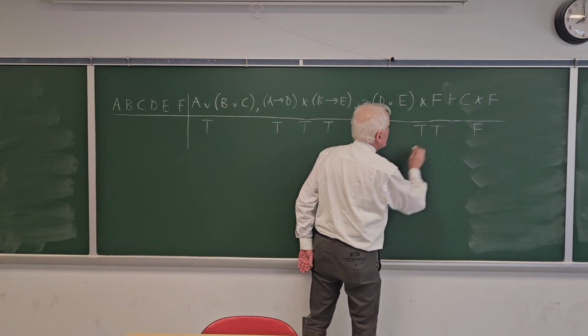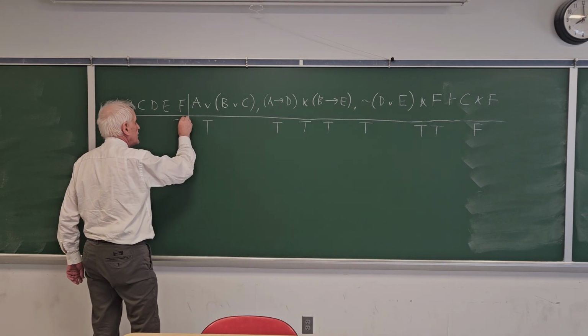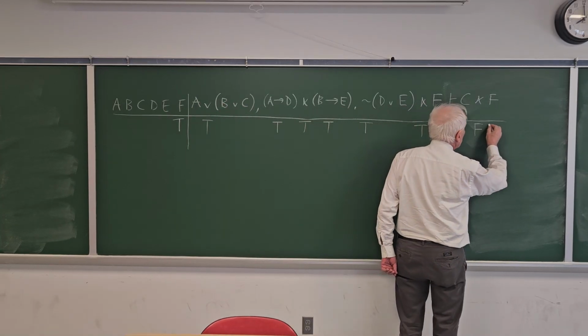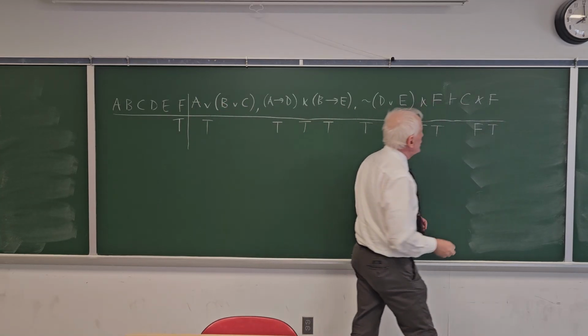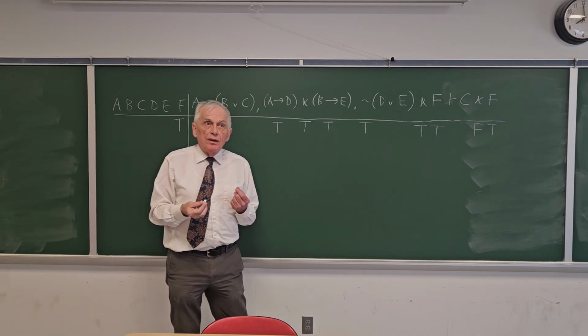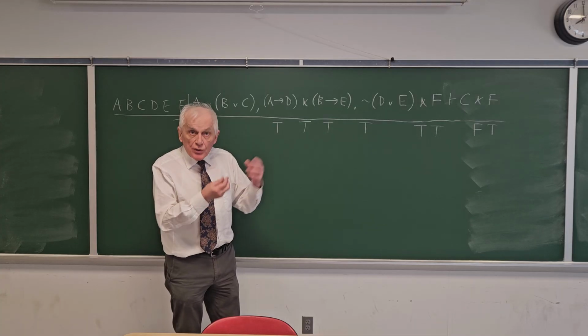And the right conjunct is F, and so we can already write in a T for F. And so we can also put that T for F into the conclusion. And now we have no choice in two places.